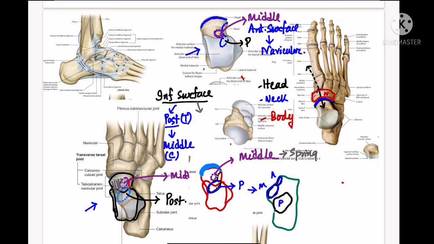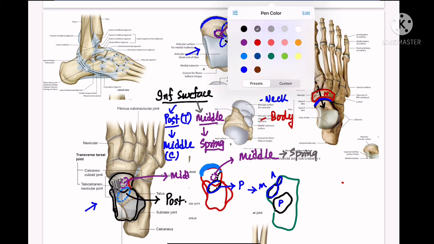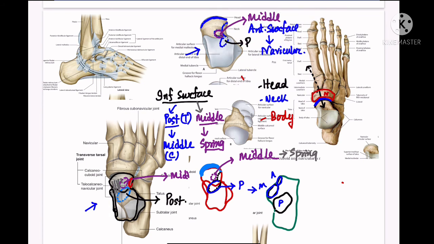So the middle facet and the inferior surface of the head articulates with the spring ligament, and there is one last facet left to discuss. That is this one in red, the anterolateral facet.